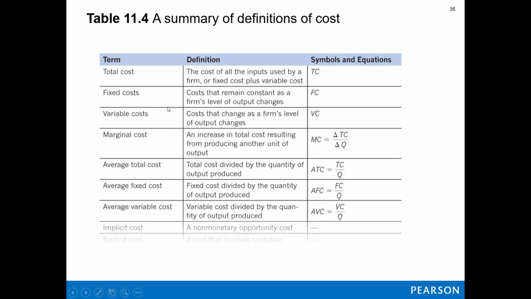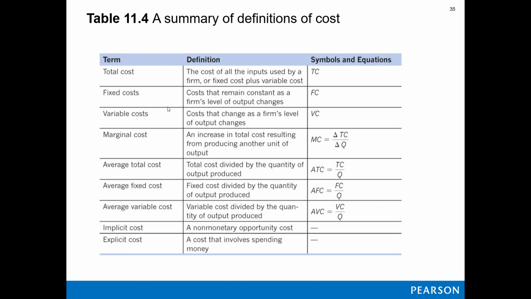So let's do a summary of the costs. Total cost, TC, is the cost of all inputs used by a firm, or fixed cost plus variable cost. Fixed costs, FC, remain the same as output levels change. Variable costs, VC, change as the firm's level of output changes. Marginal cost is the change in total cost resulting from producing another unit of output.